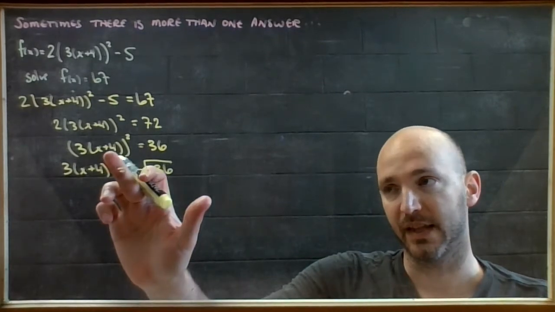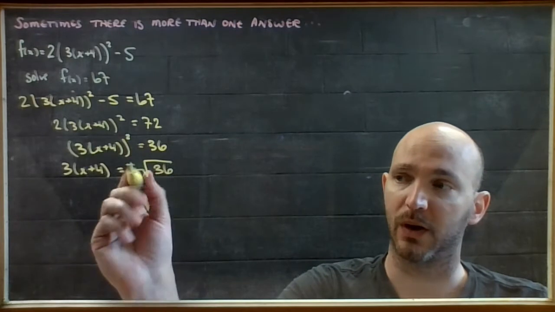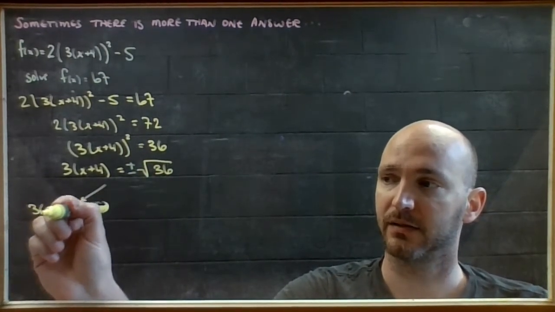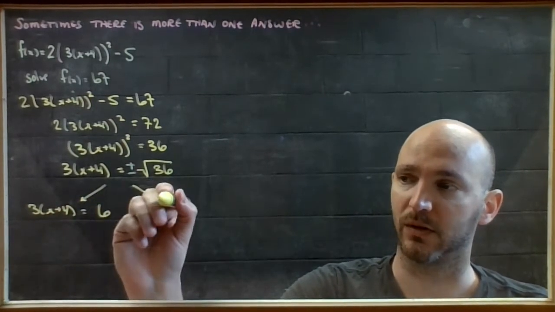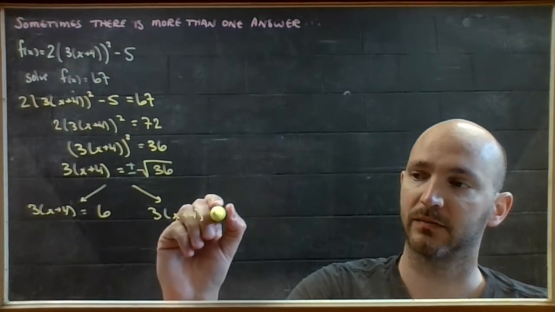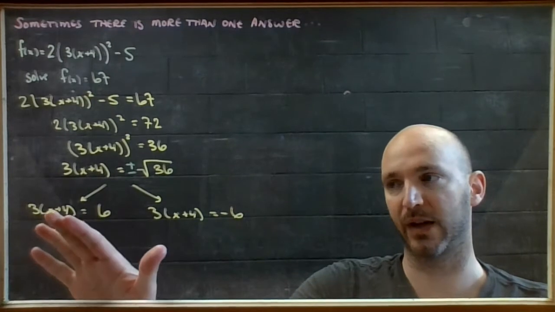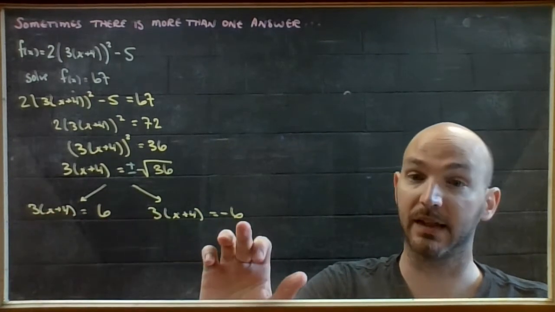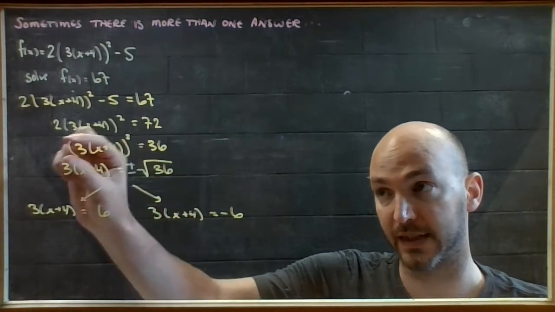So if this thing squared is 36, then this thing could either be worth positive 6 or it's worth negative 6. And the reason for that is if I were to square this side, this times itself is 36, this times itself is 36. Both of these situations would end up generating that line.